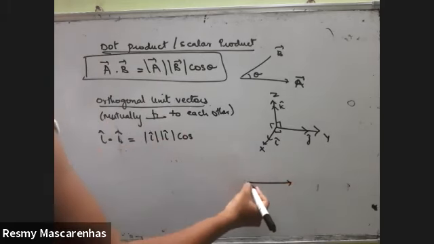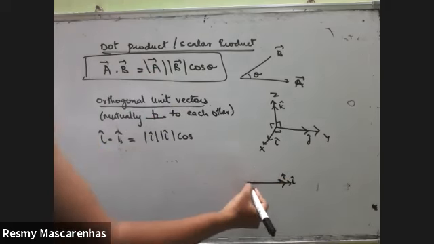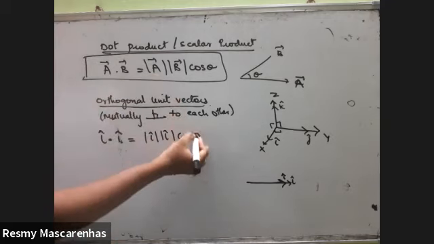This is i, and again this is only i. Can anyone tell me what is the angle between them? Is there any angle? So what will be theta with itself? 0. Yes.